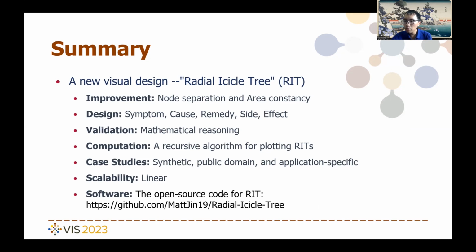We present a recursive algorithm for plotting RIT, and our experiments demonstrate its linear scalability. We also test the plot in synthetic data and public datasets. The open source RIT code is available on the GitHub repository in the following link.